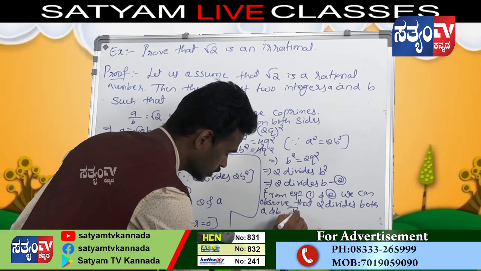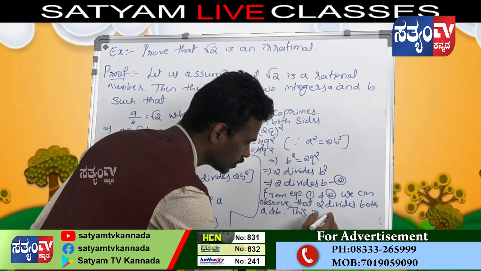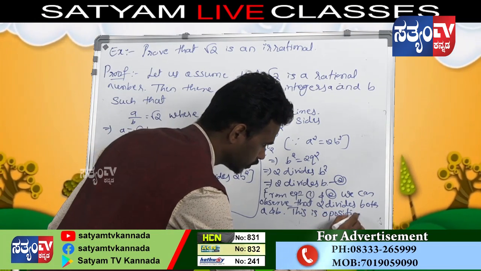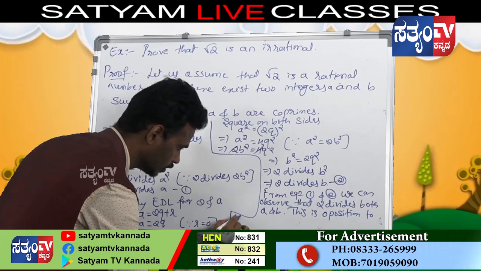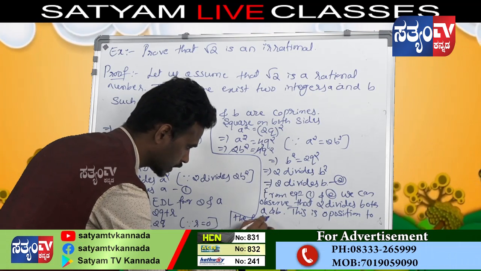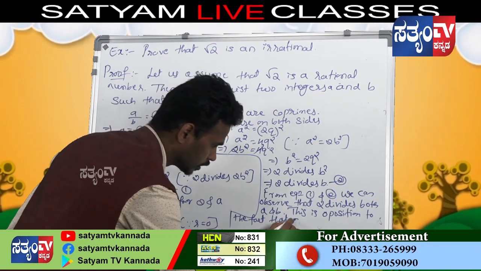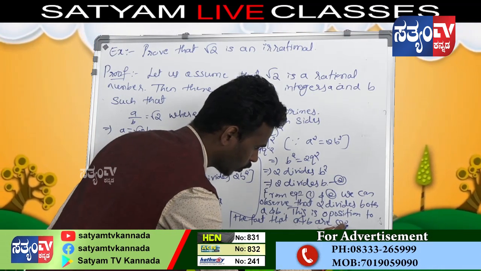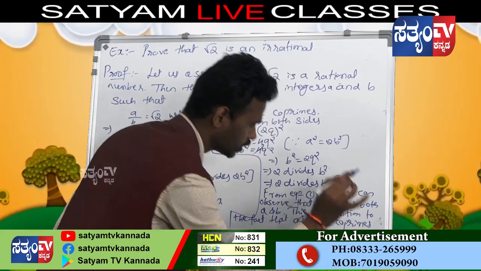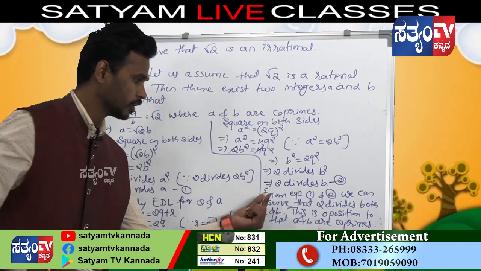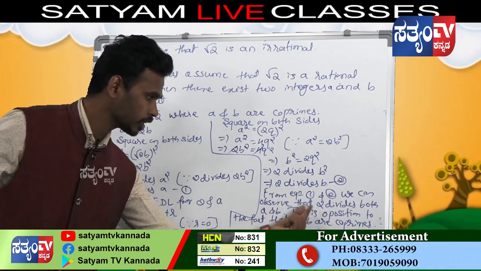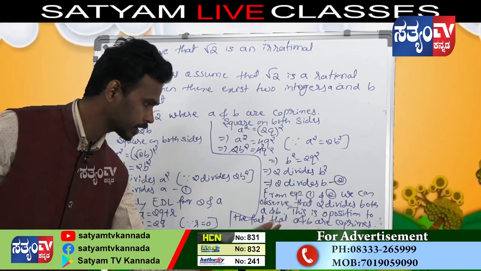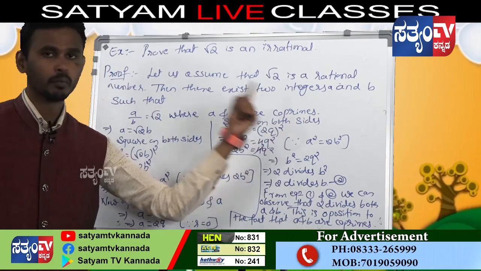This is in opposition to the fact that a and b are co-primes. Just see here, from 1 and 2 we can observe that 2 divides both a and b. This is opposition to the fact that a and b are co-primes.